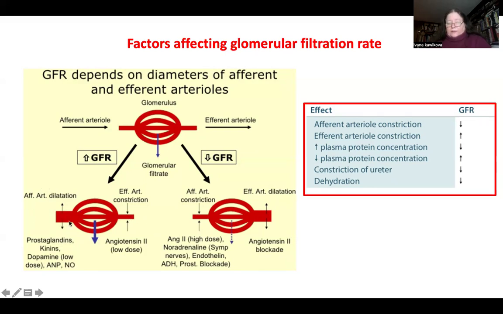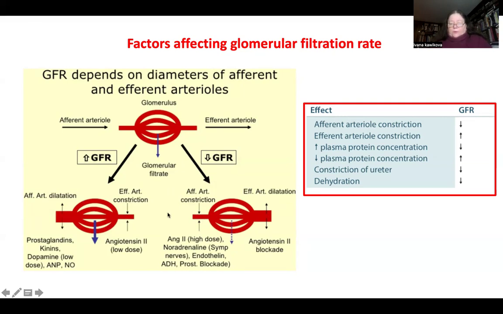So afferent arteriolar dilation or efferent arteriolar constriction are going to increase the hydrostatic pressure in the glomerular network, and the glomerular filtration increases.